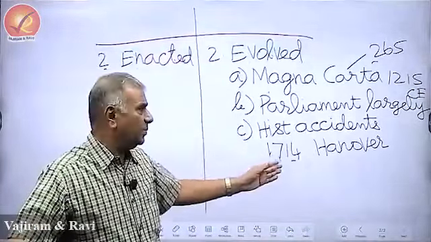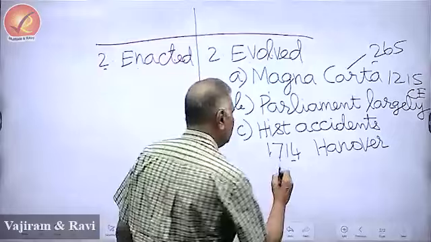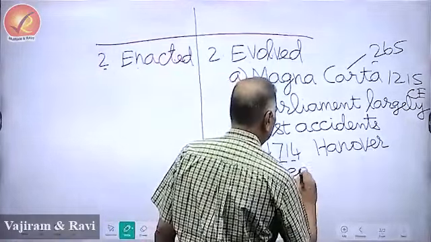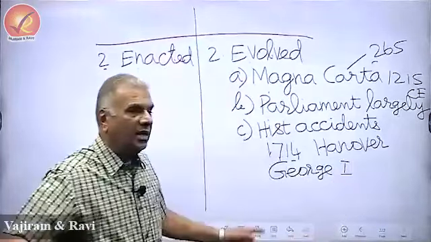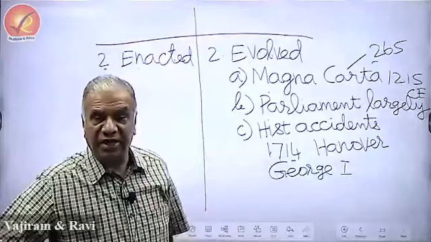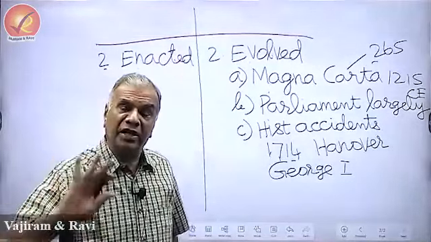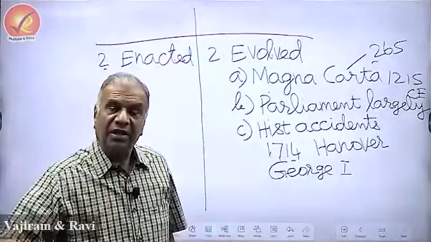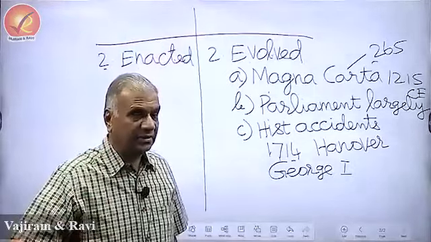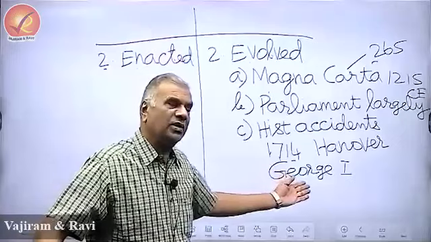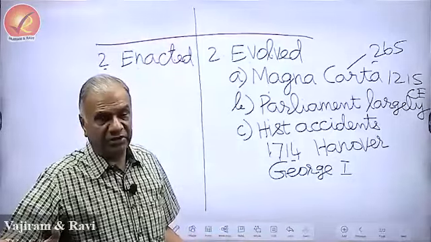And when the Prince of Hanover became King of England, he took the title of George, King George I. He was 45 years of age at that time. He did not know the English language. He did not know the way the British political system operated. When he presided over the cabinet meetings, he did not understand much of the deliberations.